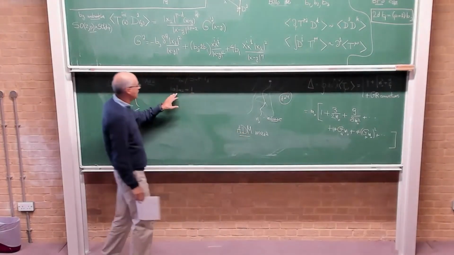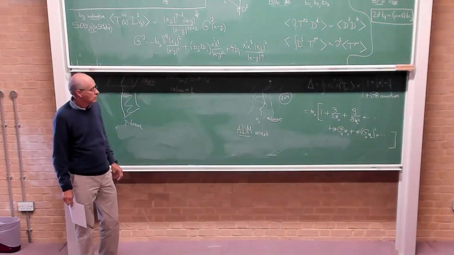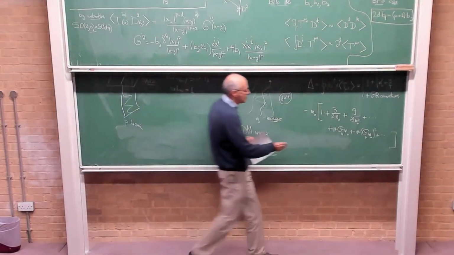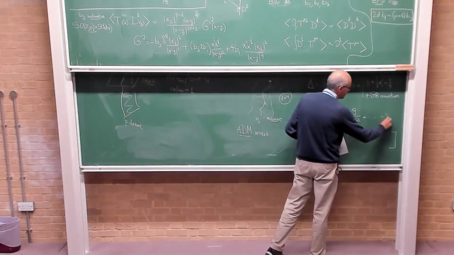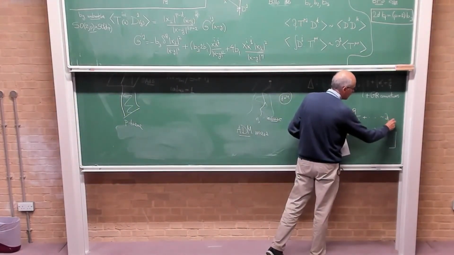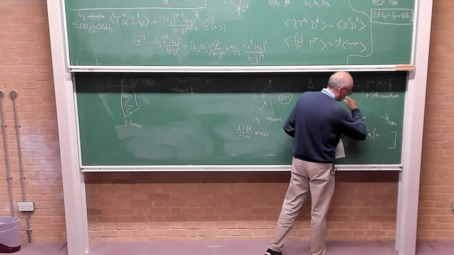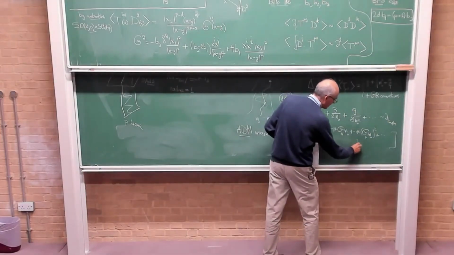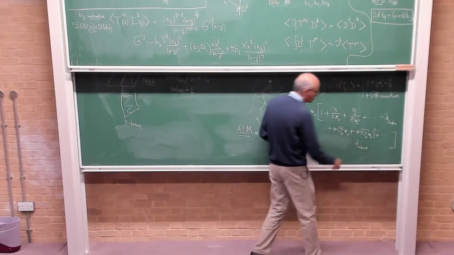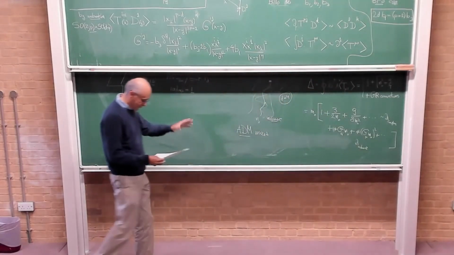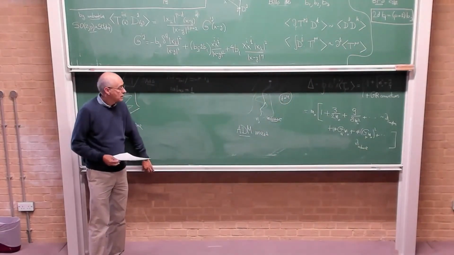The radius is set to 1, yeah, the radius is set to 1. So in a sense, this is an expansion in lambda Compton in units of the radius, and this is an expansion in lambda Schwarzschild in units of the radius, okay. So this is the generic story, okay.